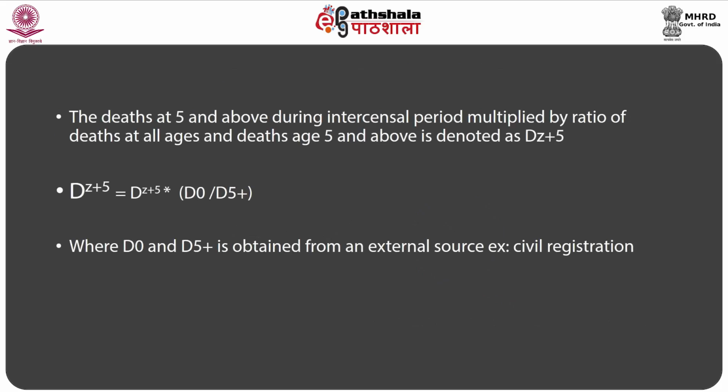The deaths at 5 and above during the intercensal period multiplied by the ratio of deaths at all ages and deaths at age 5 and above gives the total deaths. That is, D equals D_5+ multiplied by D_0 divided by D_5+, where D_0 and D_5+ are obtained from an external source, namely from civil registration.